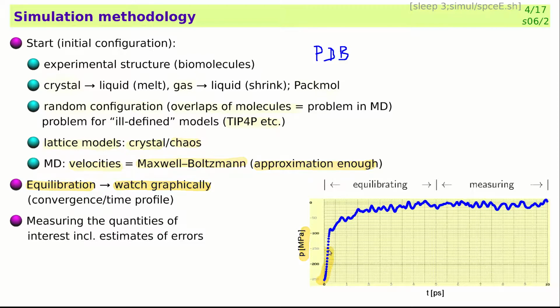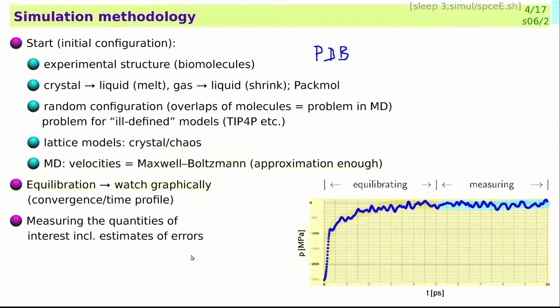That was because it was a crystal. Then, with heating up the system, it went to a constant value, and from, let us say, this point, it fluctuates around a certain value, which is almost zero here. And finally, we measure the quantities of interest, including the error estimates.